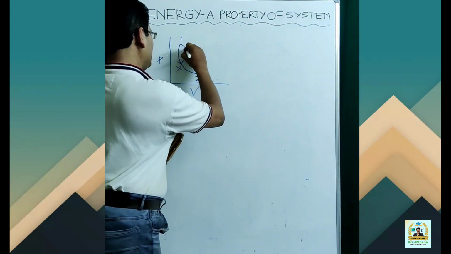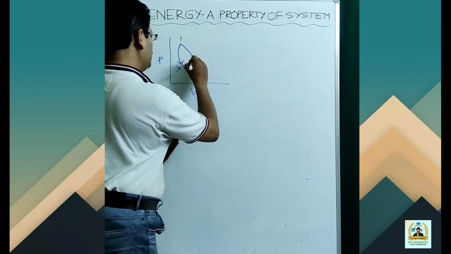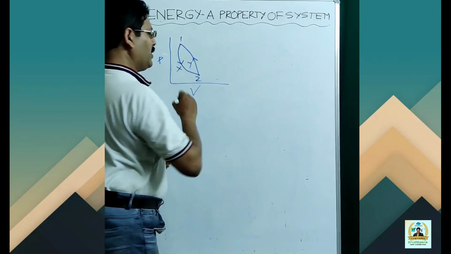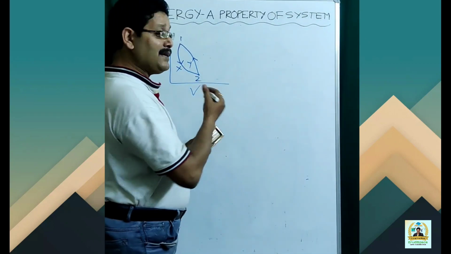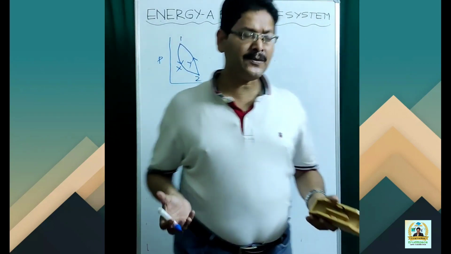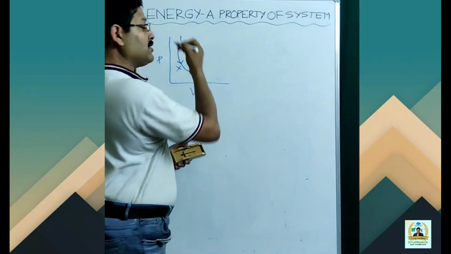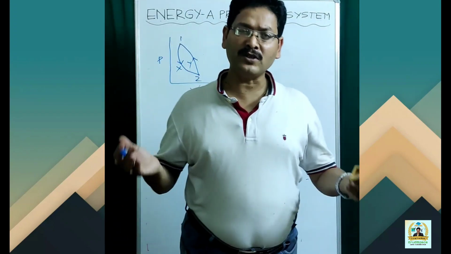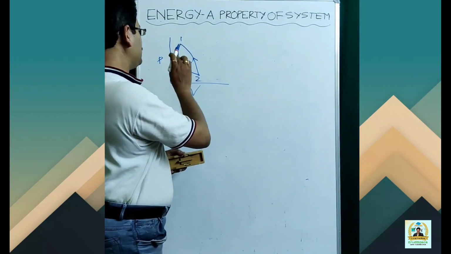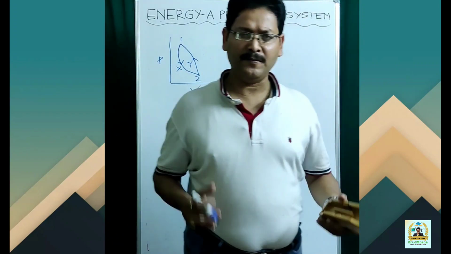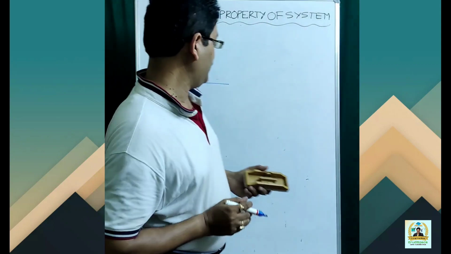Let us consider another path 2y1. Now, at the end of the second process, as the initial condition is restored, it is said to execute a cycle. So in fact, processes 1x2 and 2y1 constitute a cycle.